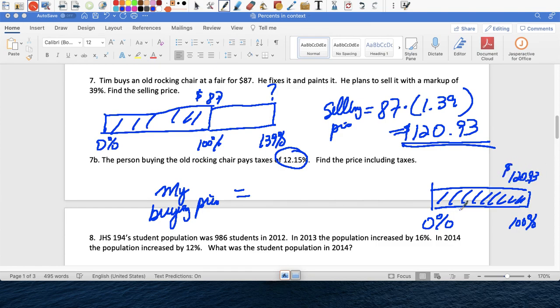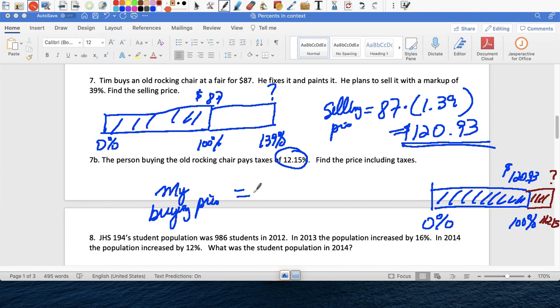Agreed? But I have to pay taxes, and the tax is going to add on 12.15%, which is going to take it to 112.15%. So I need to find my final price, which is going to include the 120.93 plus the taxes.